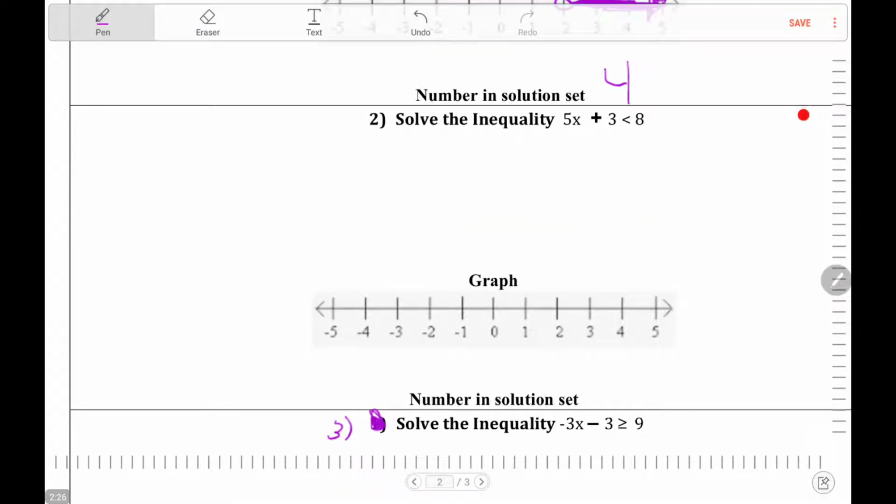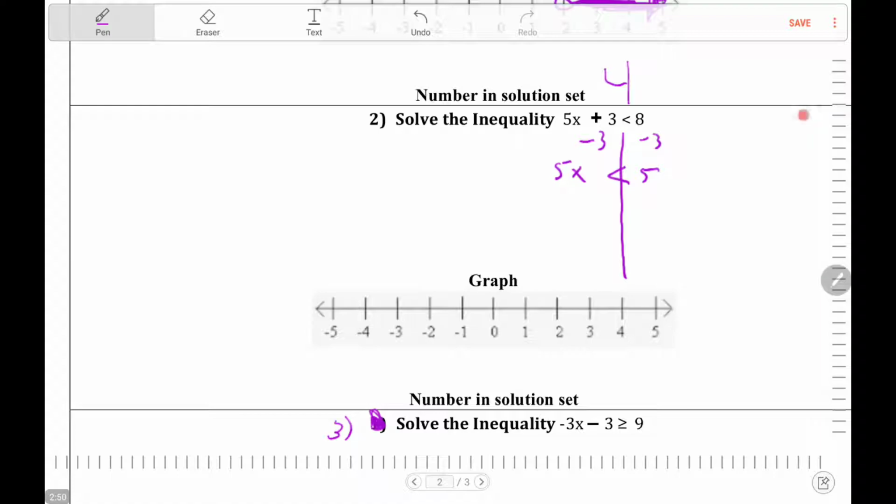Okay, now I have 5x plus 3 is less than 8. So plus 3, our inverse is minus 3. 8 minus 3 is 5. 5x plus 3 minus 3 is 5x. So I have 5x less than 5.